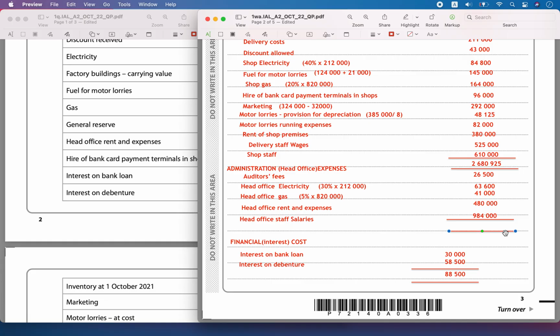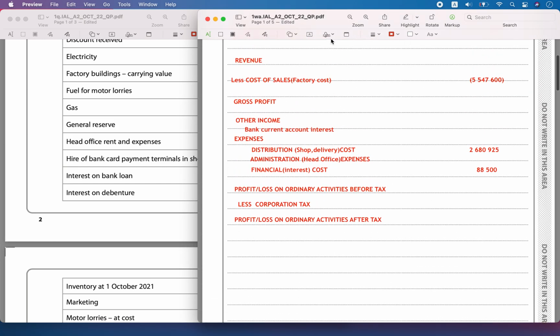So that is equal to 1,595,100. Okay. So now let's go and write the administration expenses here.